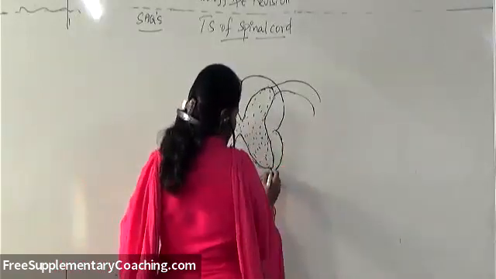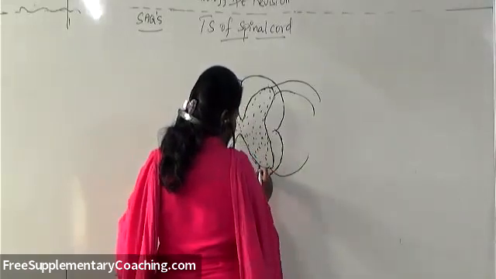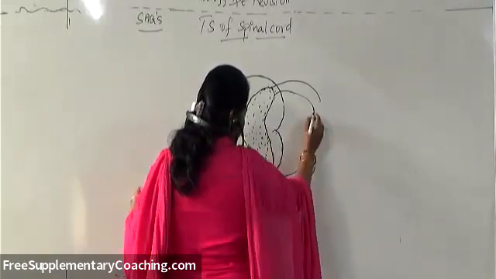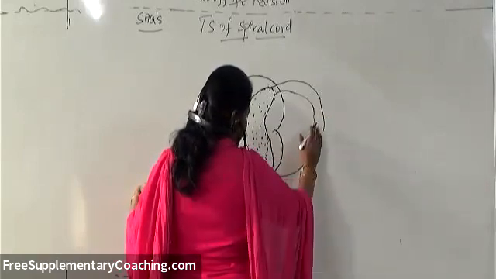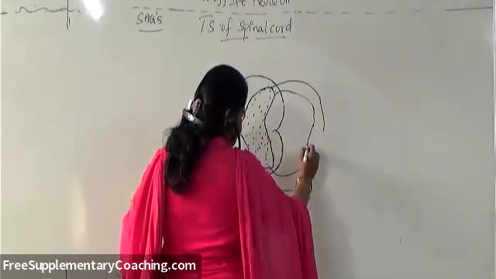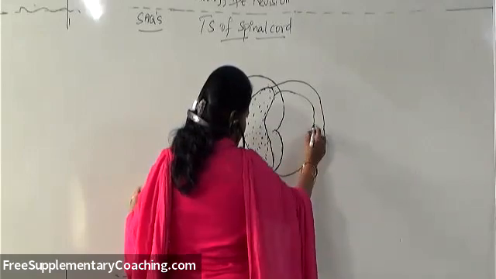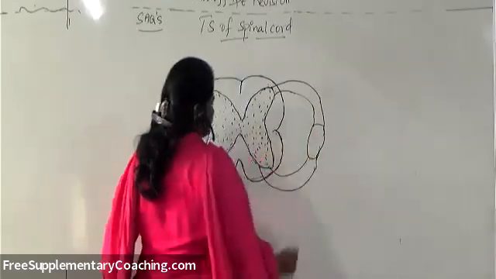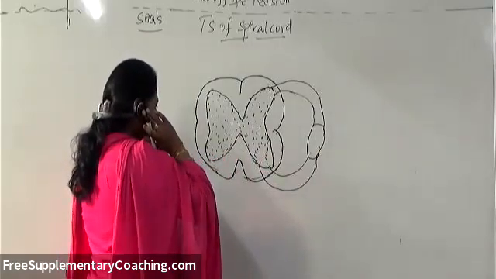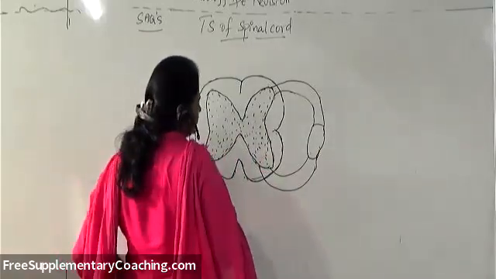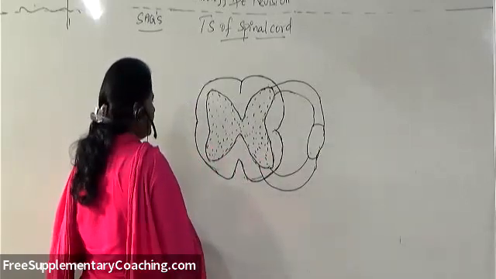From the dorsal horn, a spinal nerve arises, and from the ventral horn also, a spinal nerve arises. So the dorsal root ganglion and then the ventral root ganglion, which lead to the dorsal root spinal nerve or ventral root spinal nerve.